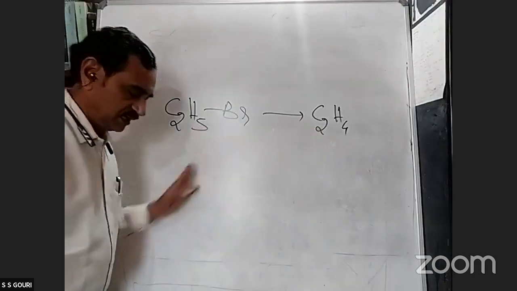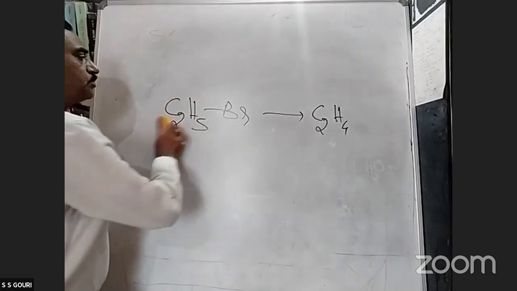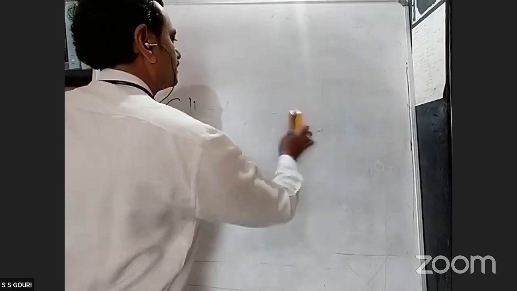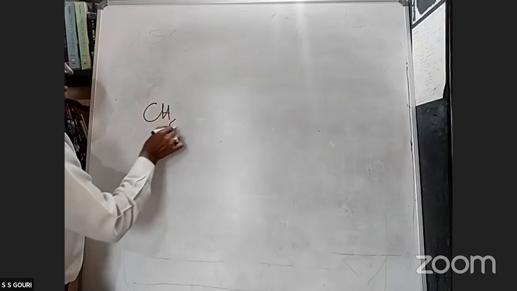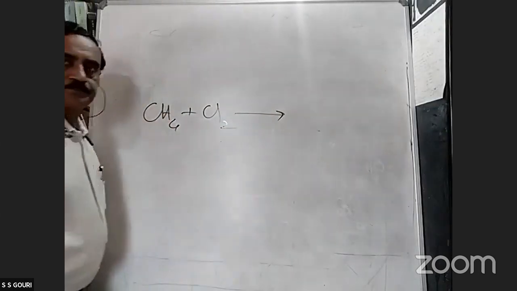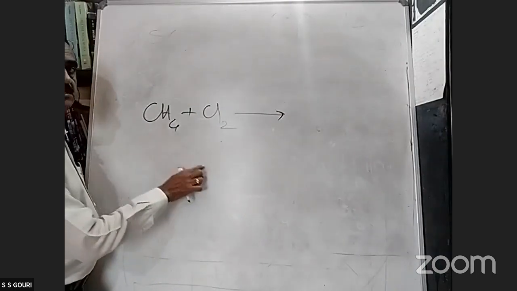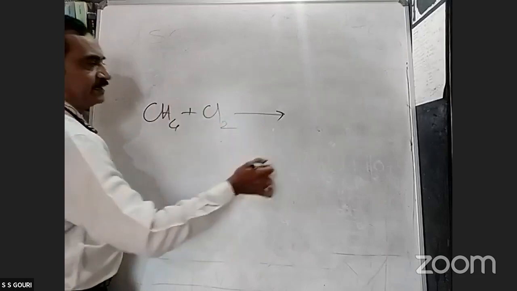This is an elimination reaction. Now, what is a substitution reaction? Take methane. When I make methane react with chlorine, what happens? One hydrogen is removed and chlorine is added.